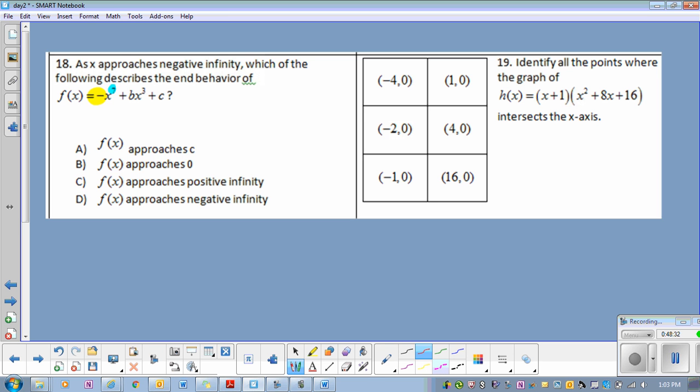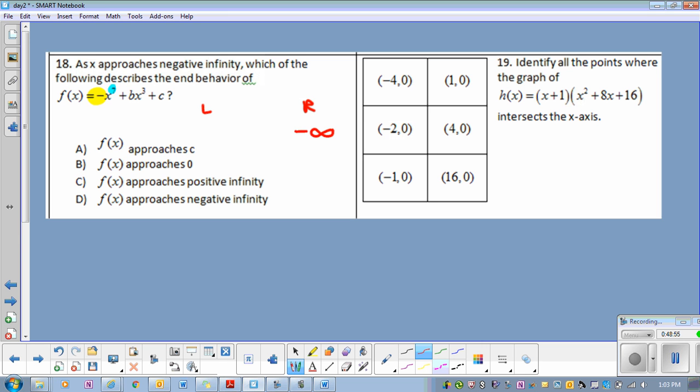You have a left end behavior and a right end behavior. If your leading coefficient is a negative number, your right end behavior is going down to negative infinity.